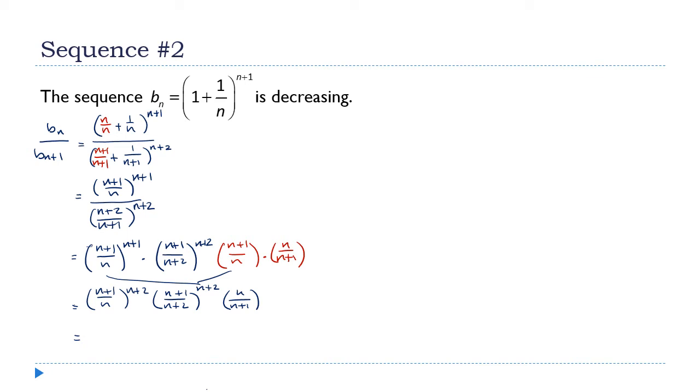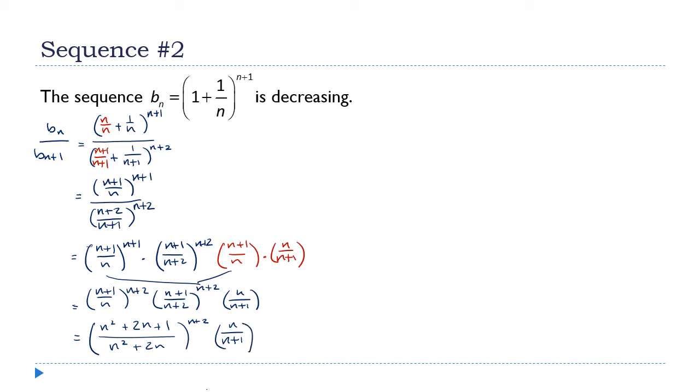Right, so now let's combine these, right? And let's see, I'm going to go ahead and multiply it out, just like I did before. This becomes ((n squared plus 2n plus 1) over (n squared plus 2n)) to the n plus 2 times n over (n plus 1).